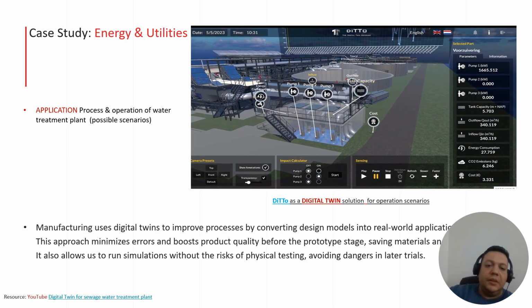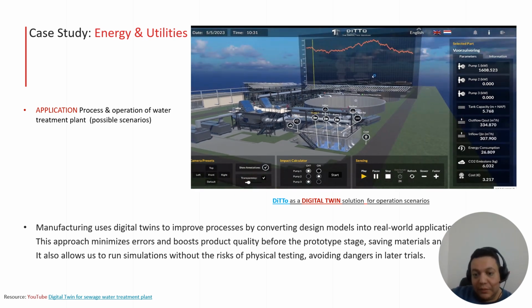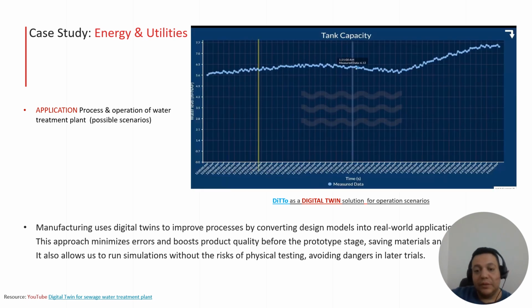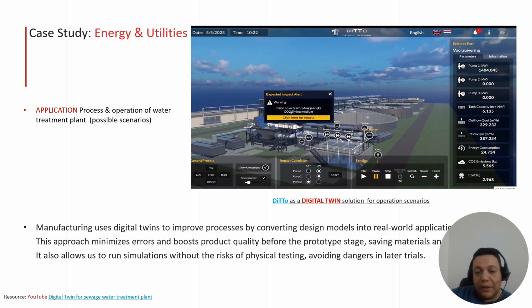Third one, which is energy and utilities, and I chose the water treatment plant because I personally worked for 5 years in this industry. And to tell you the fact, in a water treatment plant, you will see everything. You will see manufacturing, of course. Mostly 80% of a water treatment plant is based on MEP equipment that's sometimes customized.